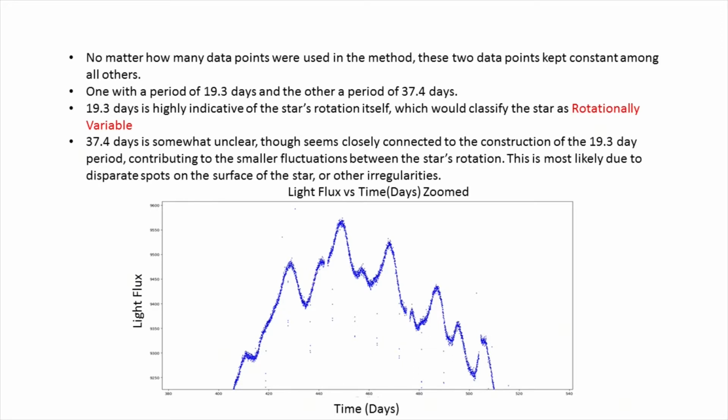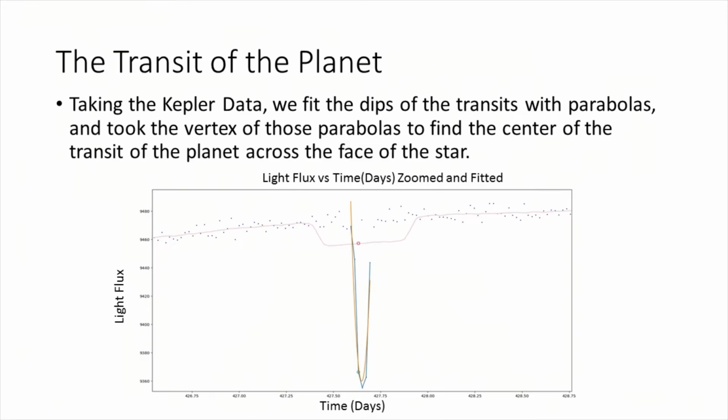37.4 days was a little bit more unclear. I do believe that it was related to the 19.3 days, maybe in some of these little smaller fluctuations, but I can't say anything for sure. If you look at this graph, you can actually see the transits of the planet themselves dipping down into here. So we decided to observe that a little bit more.